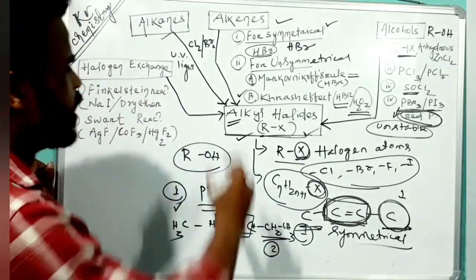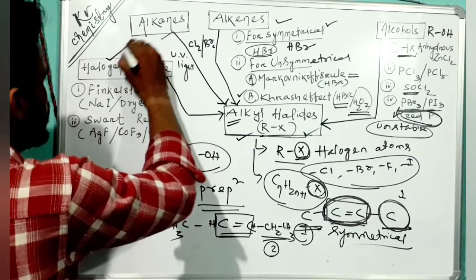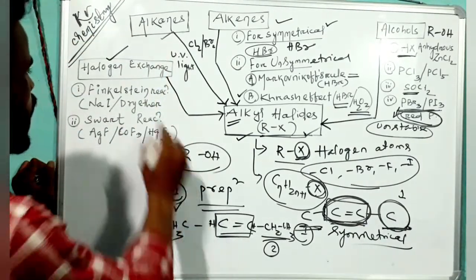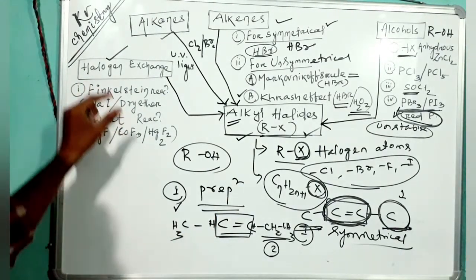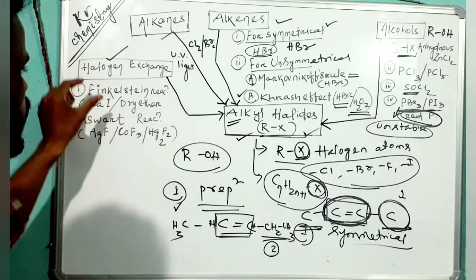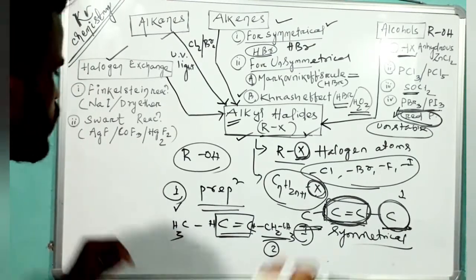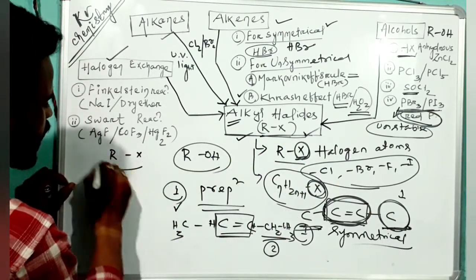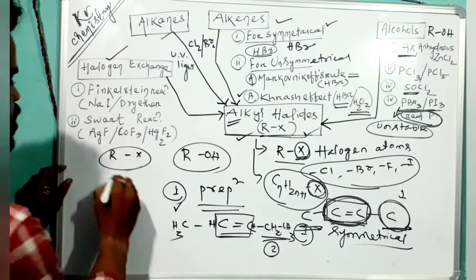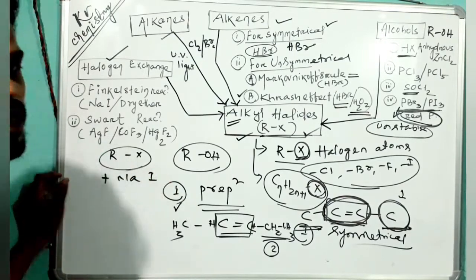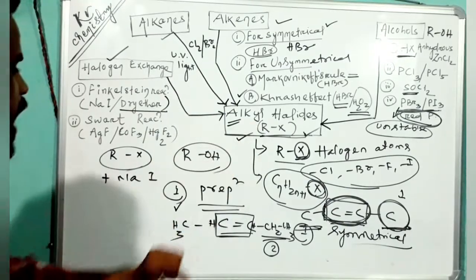Besides these, there are other reactions to form alkyl halides, that is halogen exchange. Halogen exchange means exchange of a halogen atom. When an alkyl halide RX is treated with sodium iodide in presence of dry ether, it forms alkyl halides.